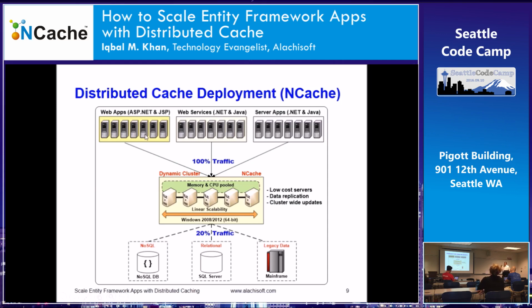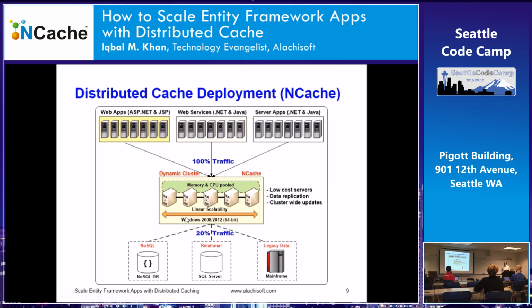And I'll talk from our experience. NCache has been around for about 10 years now, and a lot of high-end applications use it. We've got customers who have up to 50 or 100 servers in the application tier, so they're servicing a lot of concurrent users, and they are able to do that because the caching tier can handle that load.